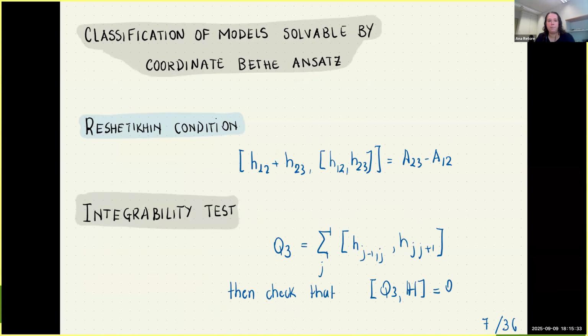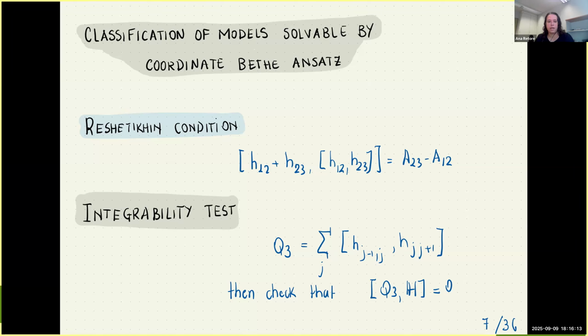There were cases where people classified, actually now if you think about the Hamiltonian instead of the R matrix, let's think about the Hamiltonian. In terms of knowing if the Hamiltonian is integrable, people classified which models are solvable by coordinate Bethe Ansatz for certain cases. We have, of course, the Reshetikhin condition, and if we plug in a certain Hamiltonian, if we can find an A that satisfies this equation, it's a very strong indication that our model is integrable.